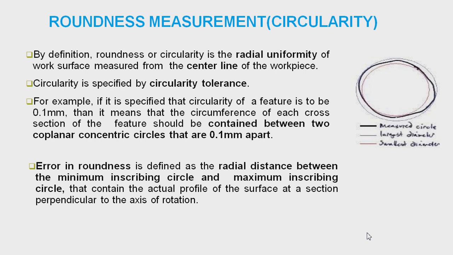Error in roundness is defined as the radial distance between the minimum inscribing circle and the maximum inscribing circle that contain the actual profile of the surface at a section perpendicular to the axis of rotation.